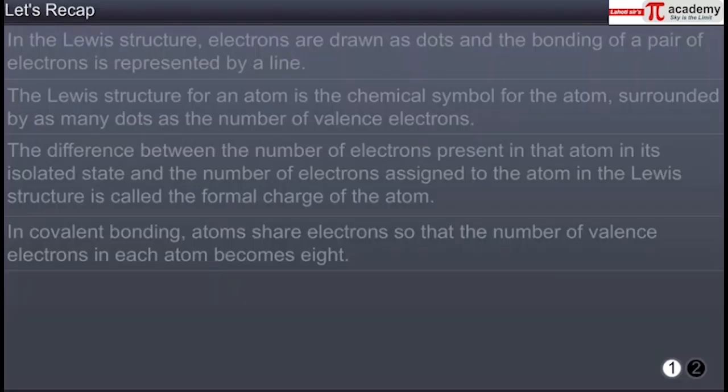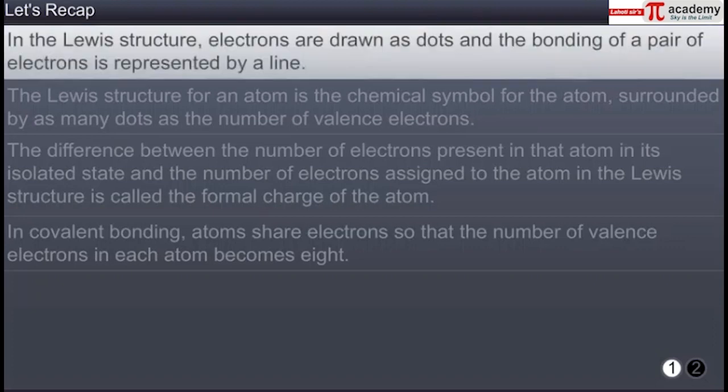This brings you to the end of this module. In this module, you learned that in the Lewis structure, electrons are drawn as dots and the bonding of a pair of electrons is represented by a line.